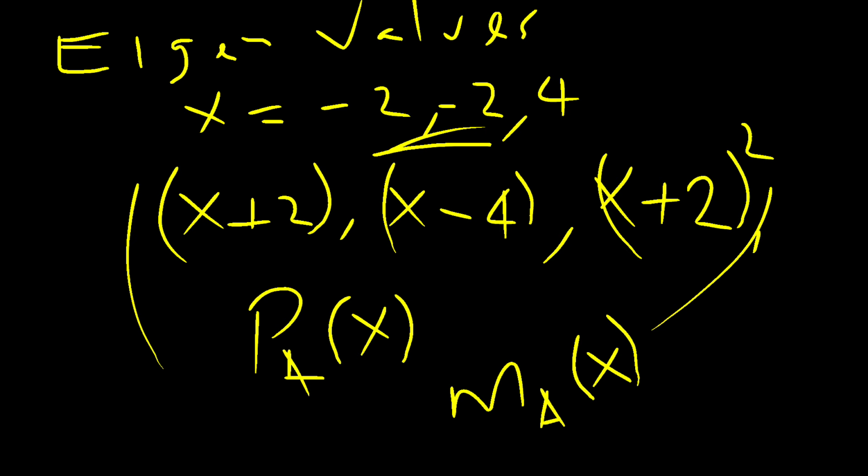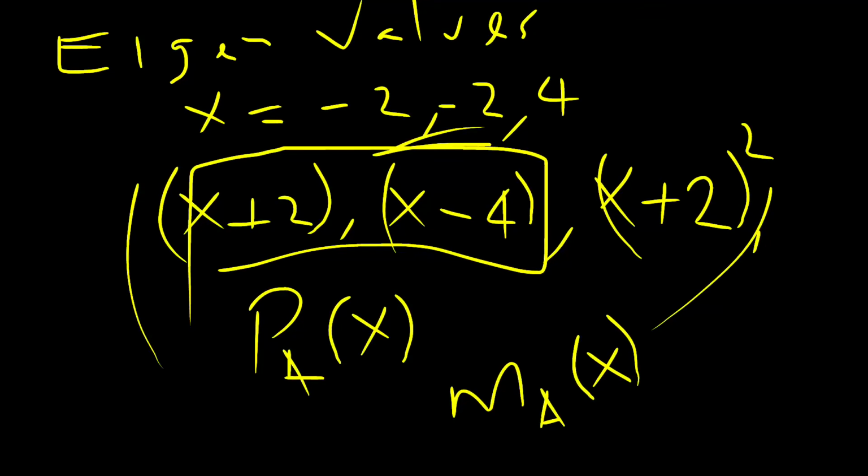Which one, if you multiply, gives you 0? You'll find that it will be the simple combination of these. So that will be the final minimal polynomial for A.